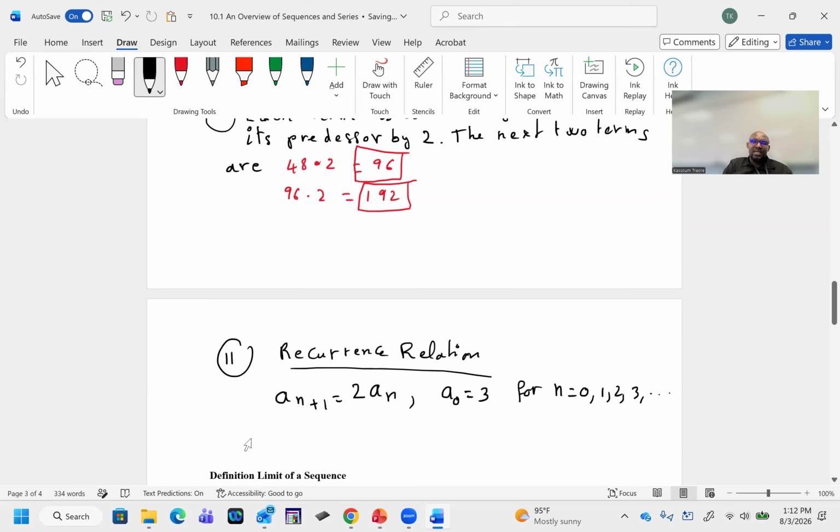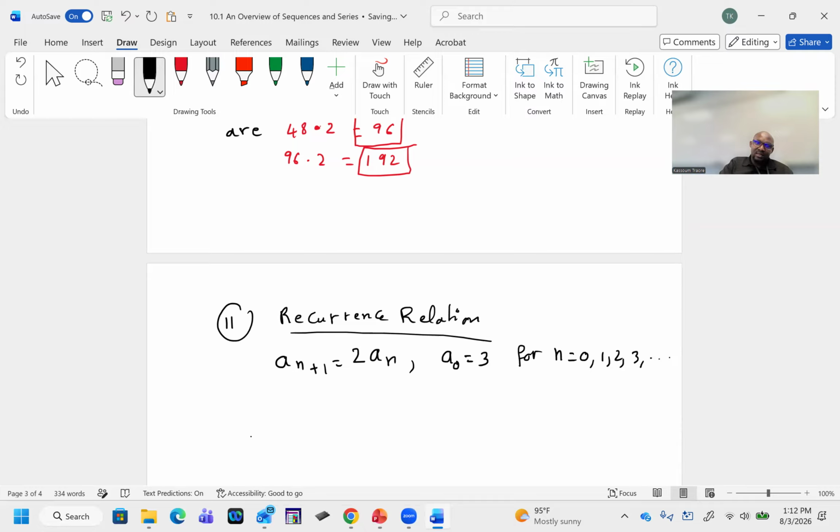And then the last question is to obtain an explicit formula. So let me write first, explicit formula.